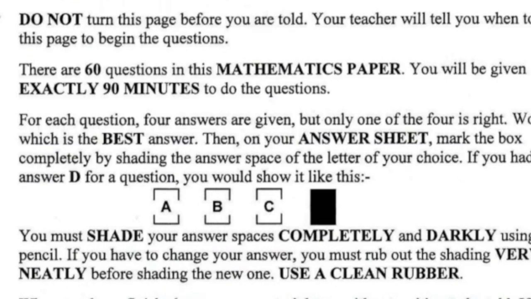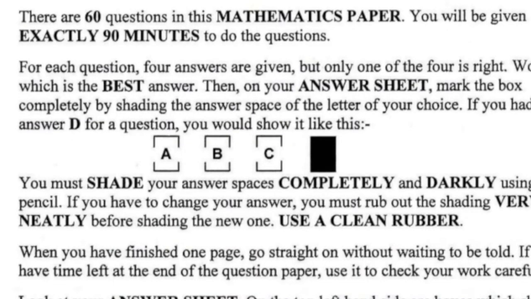Instruction number 4: for each question, 4 answers are given, but only one of the 4 is right. Work out which is the best answer. Then on your answer sheet, mark the box completely by shading the answer space of the letter of your choice.